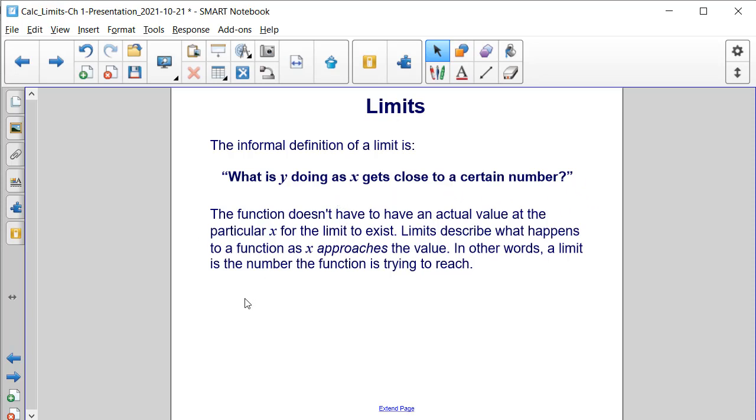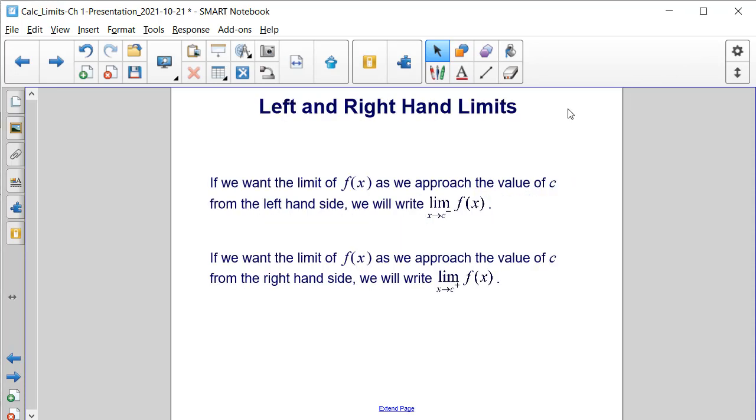The function doesn't have to have an actual value at that particular x coordinate for the limit to exist. Limits help describe what happens to a function as x approaches that value. In other words, a limit is the number the function is trying to reach or attain.